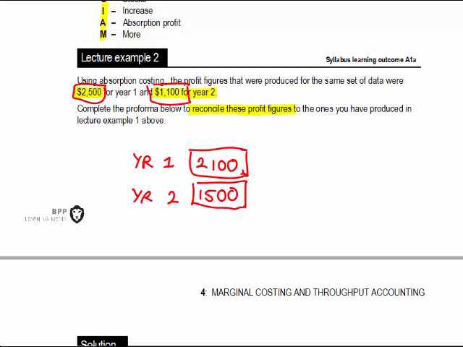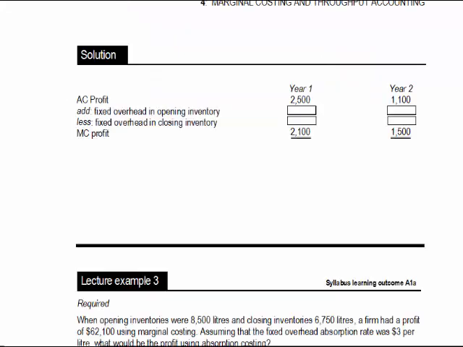So how are we going to reconcile it? Well, there's a couple of ways we can go about it. The first one is to use a little pro forma like this. We start off with our absorption costing profit, which we've put in here. We're then going to add any fixed overhead which is in the opening inventory. In year one, we didn't have any opening inventory, but what we did have is 200 units of closing inventory.